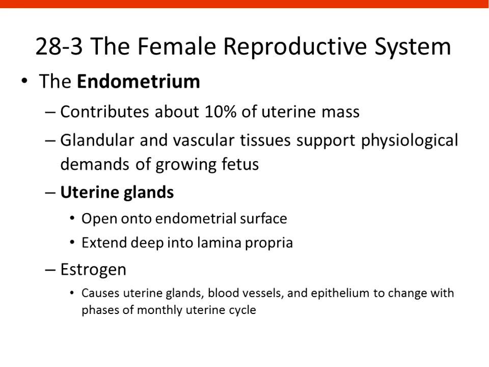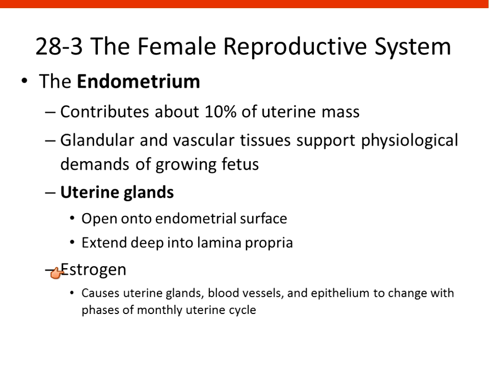Glandular and vascular tissue support the physiological demands of a growing uterus, with lots and lots of blood vessels and lots of glands that will be the delivery method for hormones required to develop the growing fetus, if fertilization takes place. These uterine glands open onto the endometrial surface, and once again, it's just to provide the developing fetus the hormones and the necessary factors and proteins that it will need to continue to develop.